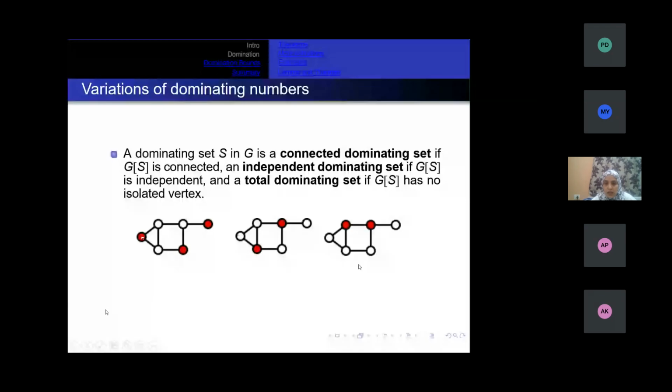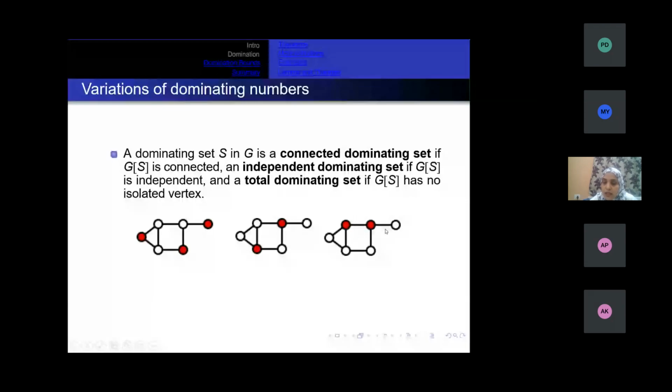Here the graphs are the same, all three graphs are the same, but in all three graphs we are considering different vertices. Why are we considering different vertices? In this graph we can see that this vertex is dominating these two vertices, and this vertex is dominating these two vertices. But this is called a connected dominating set. Why?